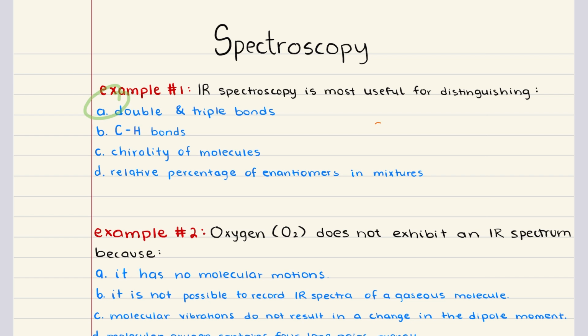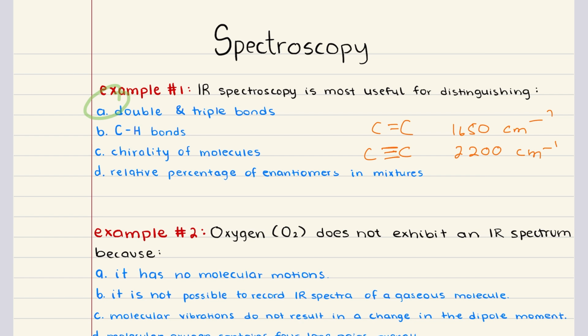For example, a carbon-carbon double bond typically absorbs around 1650 wave numbers, while a carbon-carbon triple bond will absorb around 2200 wave numbers. So these are pretty distinct regions. And if you have a molecule and you want to know whether it contains a double or triple bond, IR would be a great tool to use.